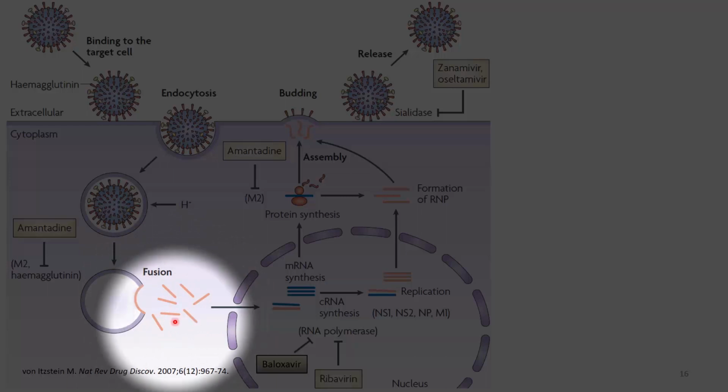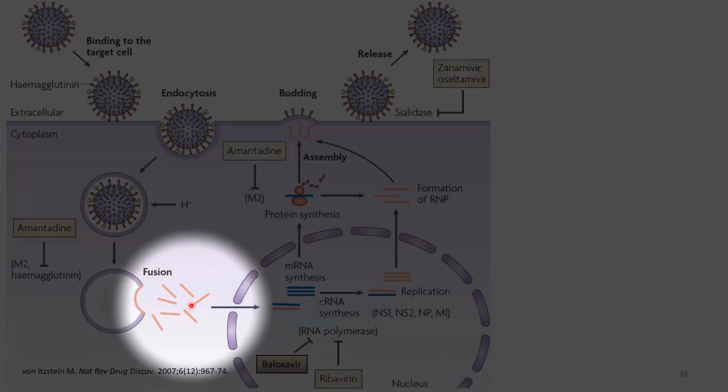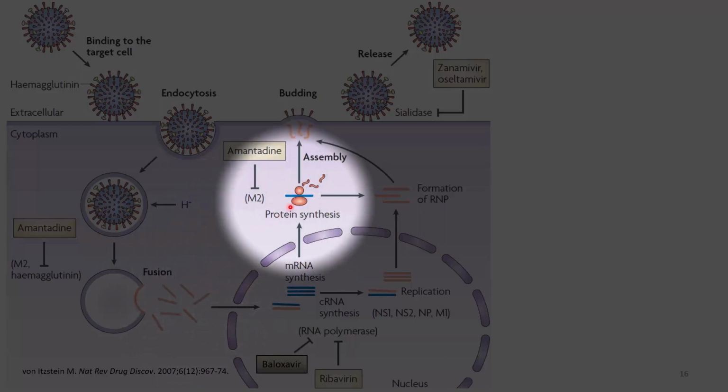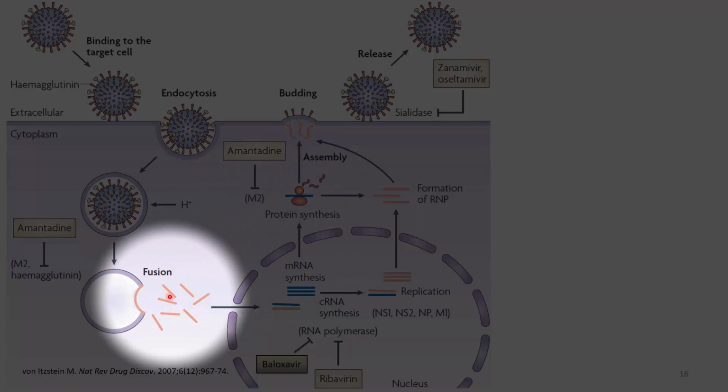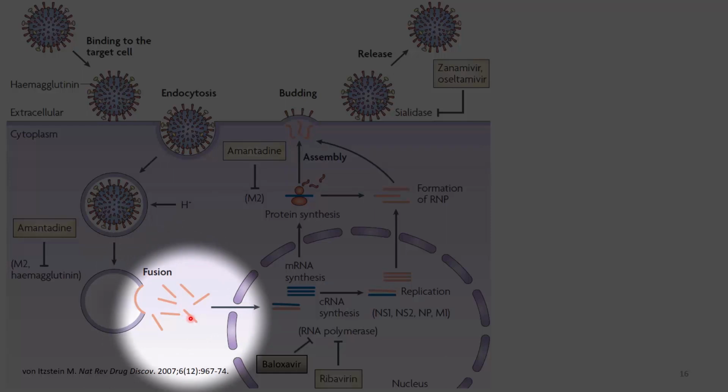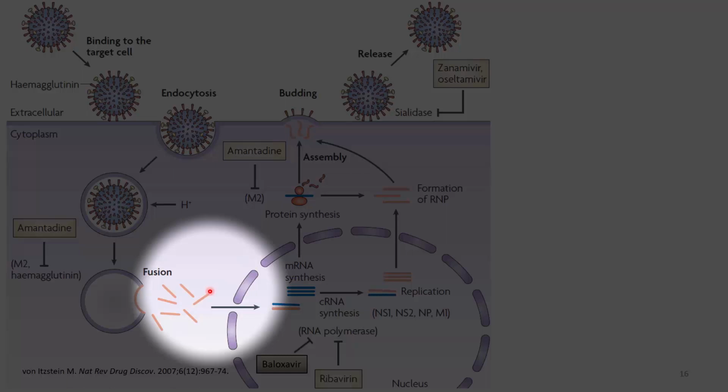Now, as I mentioned earlier, the influenza virus is actually a negative sense RNA, and that means that a negative sense RNA is not ready to just find a ribosome and translate into protein. What it needs to do is to first translate into positive sense RNA, and then a positive sense RNA will be ready to find a ribosome and translate into protein.